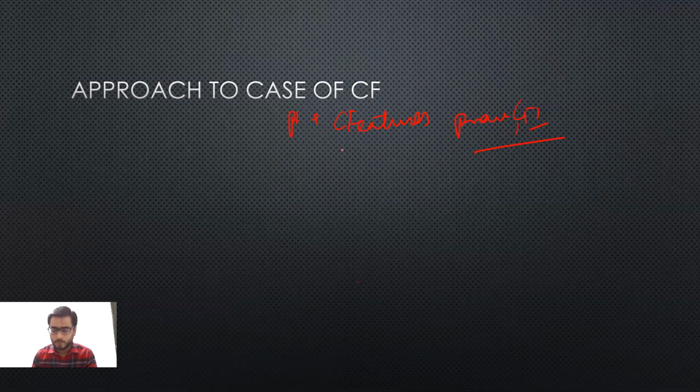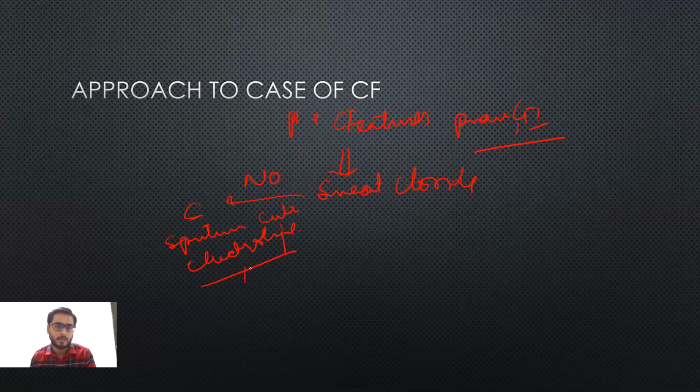And what we do, if sweat chloride facilities are available, we do sweat chloride. If sweat chloride tests are not available, we can go for sputum culture, electrolyte tests, ABG, and stool test.